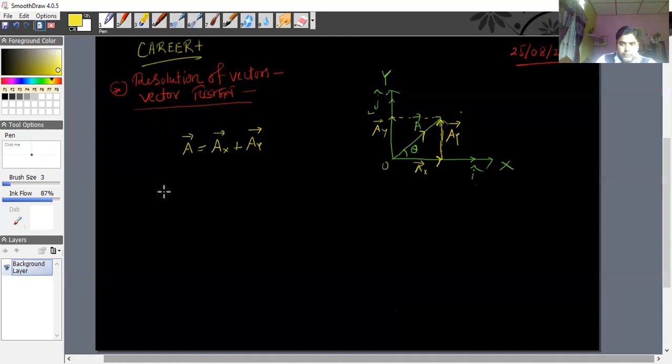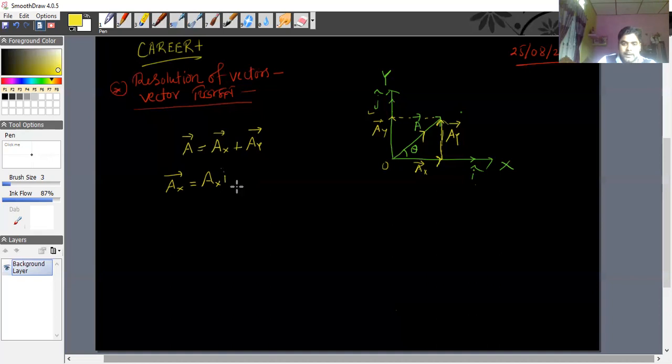We know that a vector means its magnitude and its direction. So AX vector means the vector along the x-axis whose value is AX. We have written the magnitude, now we have to find the direction. What denotes the direction of the x-axis?